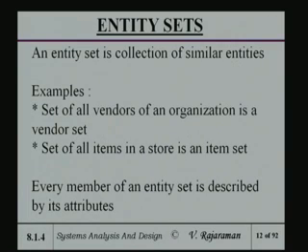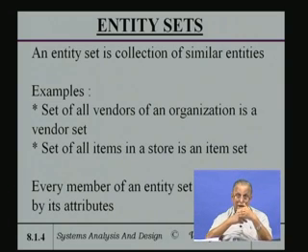Entity set is a collection of similar entities. Suppose you have a collection of records, or for instance, when you take a data flow diagram, you take the vendor as a key item, say vendor code. But there are many vendors with different codes.